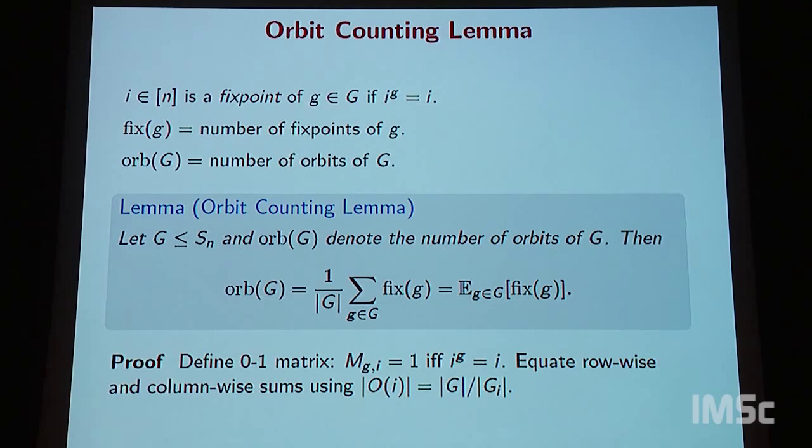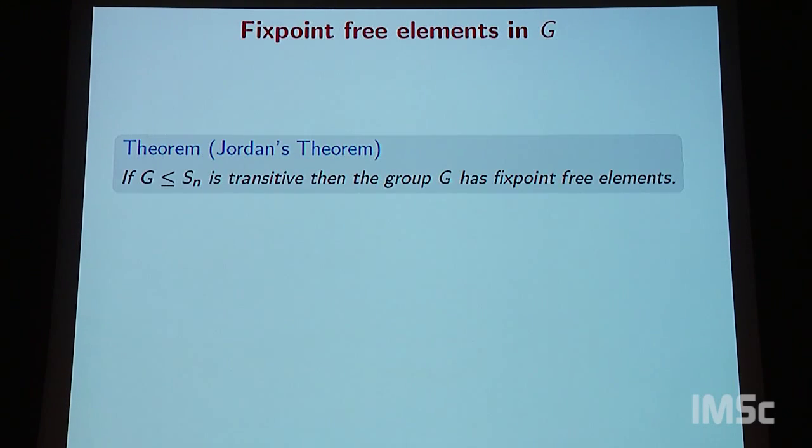Okay. That's a proof. And now I come to the sales pitch, Jordan's theorem. Jordan's theorem simply says that if a subgroup of Sn is transitive, then the group G has elements that are fixed point free, elements that move every point of the domain.